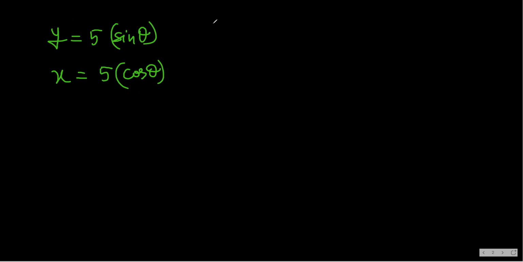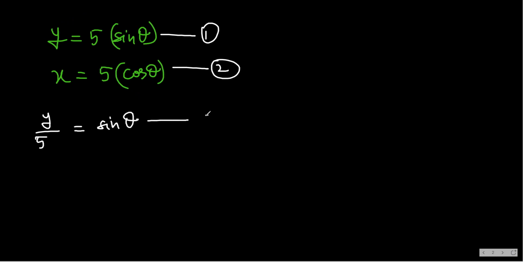Now I write this as 1 and this as 2. From 1, I can write y upon 5 equals sine theta. And from 2, I can write x upon 5 equals cos theta.